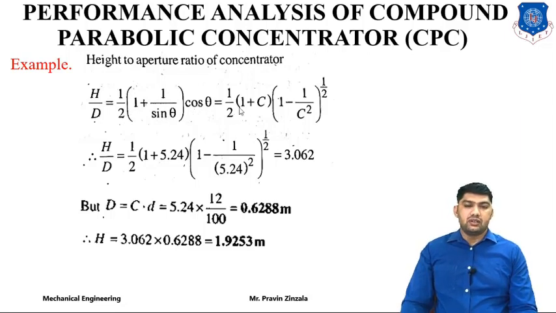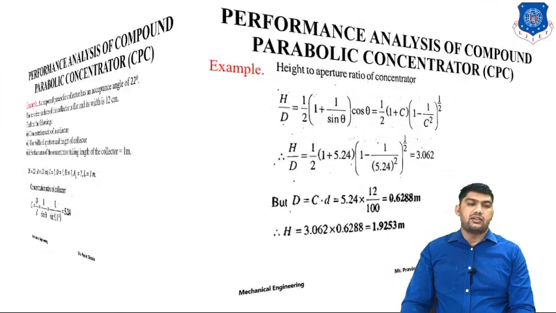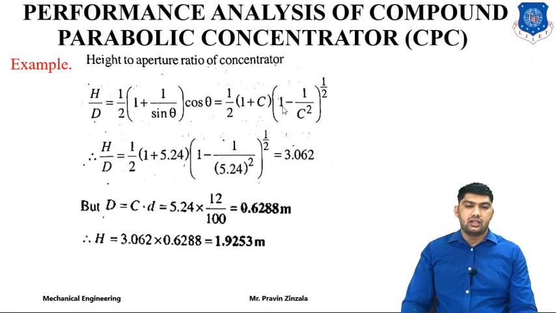Or we can also say 1 by 1 plus C, since in the previous slide we calculated the concentration ratio C, or in square bracket 1 upon 1 minus 1 upon C square, raised to the power 1 upon 2, or 0.5. By inserting the value of theta, or we can also directly insert the value of C. If only the concentration ratio is not given, we can calculate it from the acceptance angle. So these are the two equations for calculation.